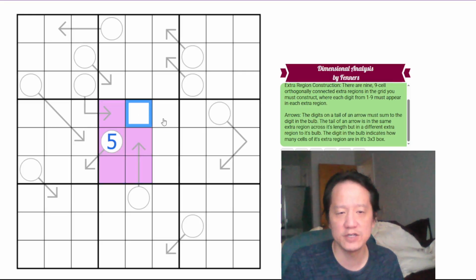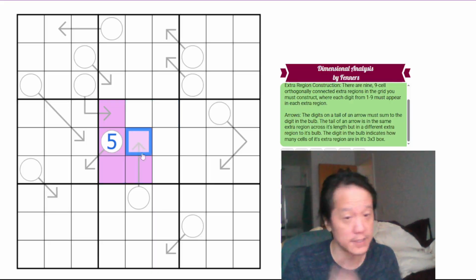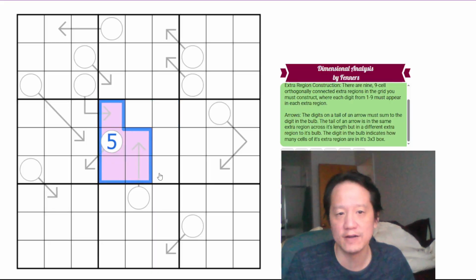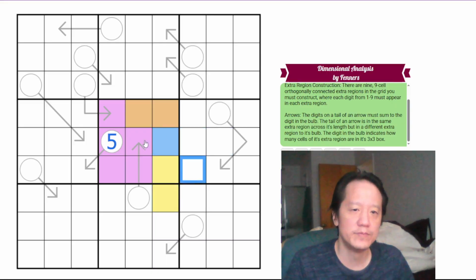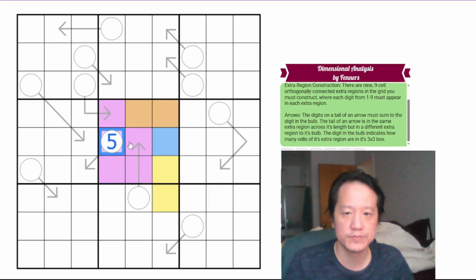You can't have 6, you can't have 4, or any more or any less than that. It has to be exactly 5. So these have to be other regions. But it cannot be the same region as the one with the circle, or the digit in the bulb, essentially.